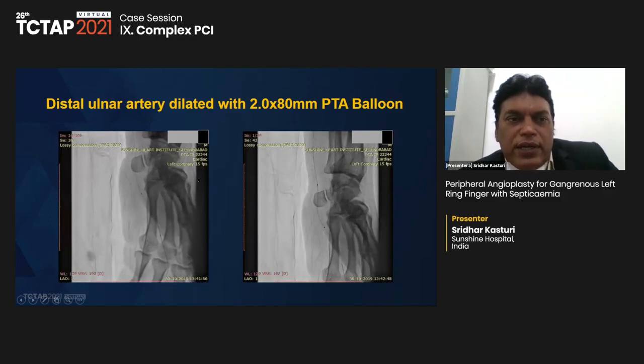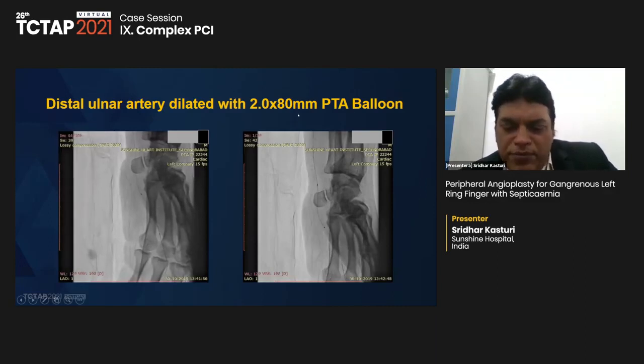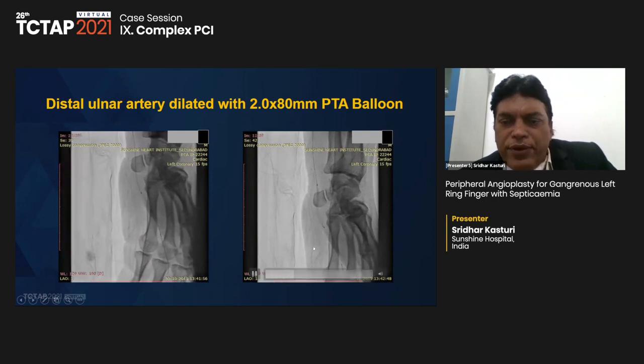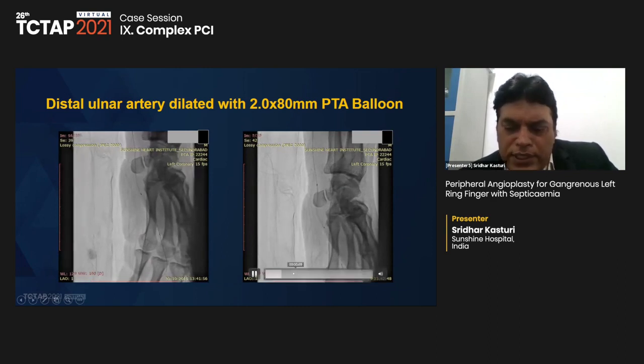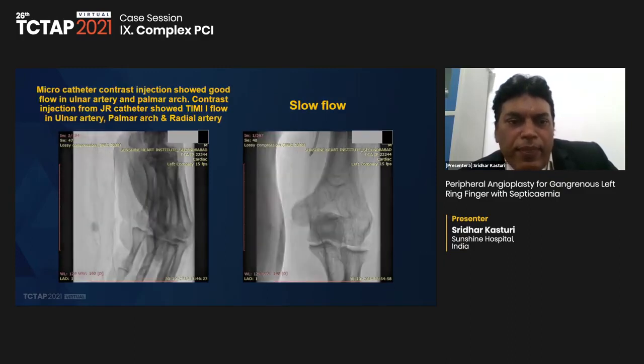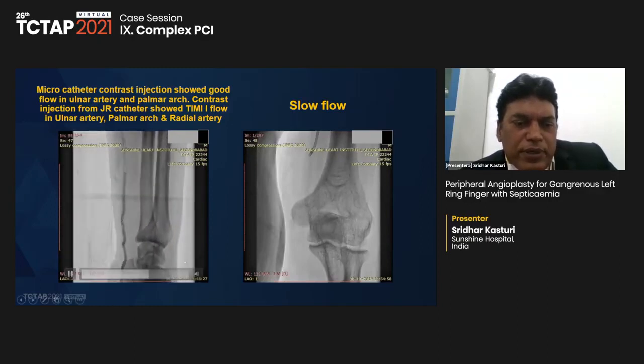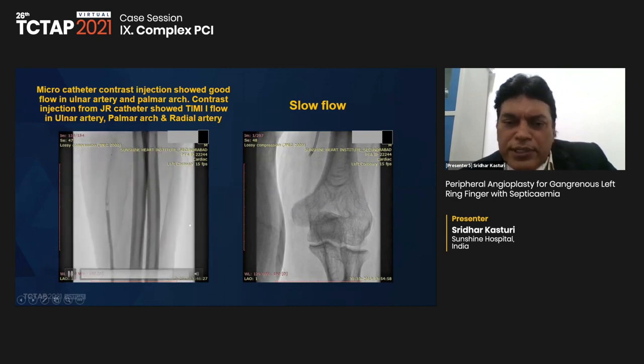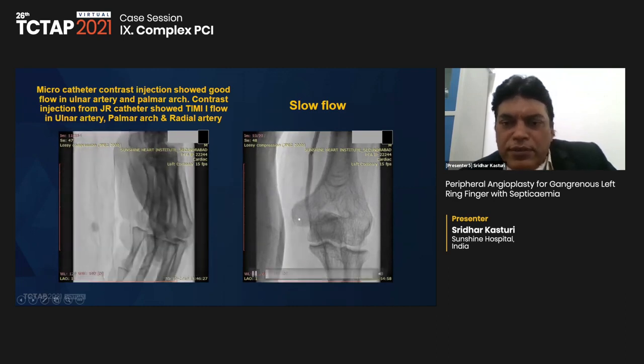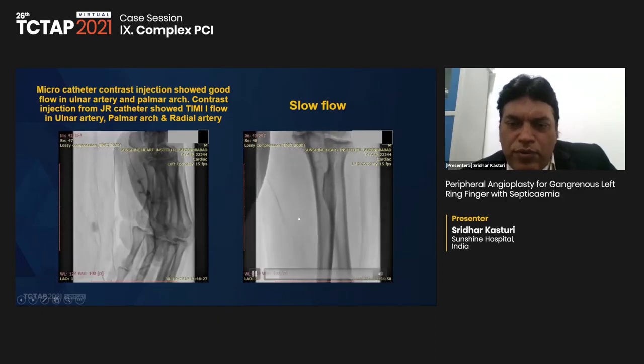You see the distal ulnar artery again dilated with a 2 by 80 mm peripheral balloon, and we dilated all the distal branches from the palmar arch. On microcatheter injection, you can see the flow is established, the palmar arch and distal arteries, but subsequently slow flow developed.